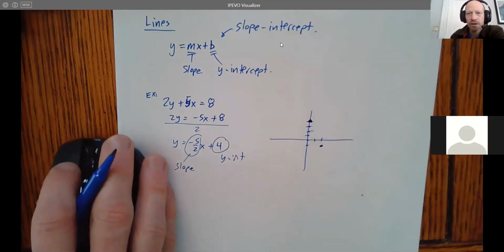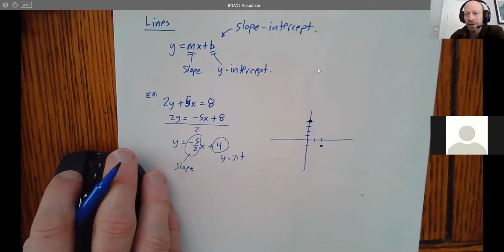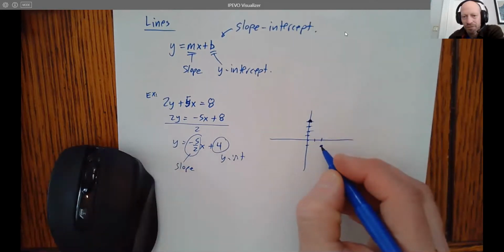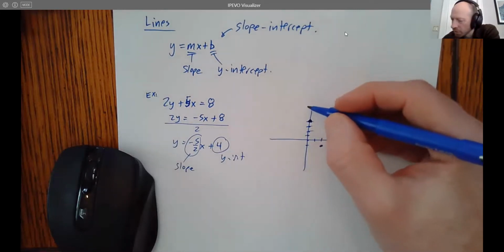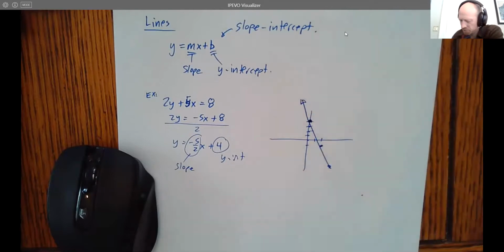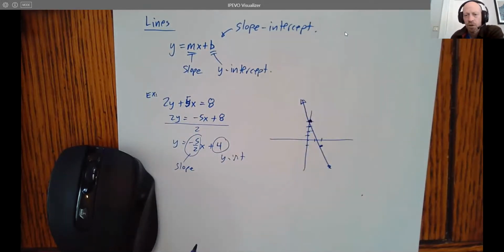That point there is my second point on the line, and I know that the graph, or all the solutions, then fall right along there.